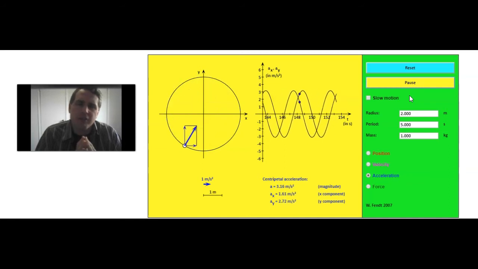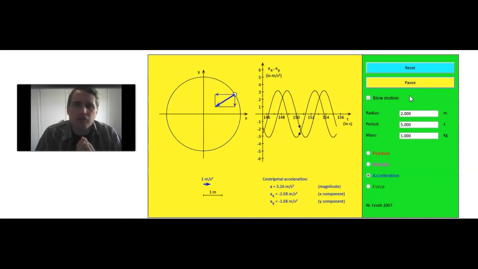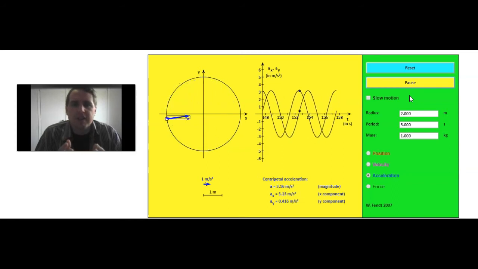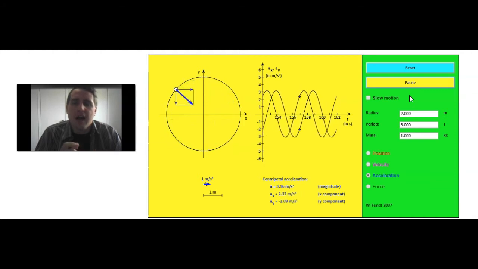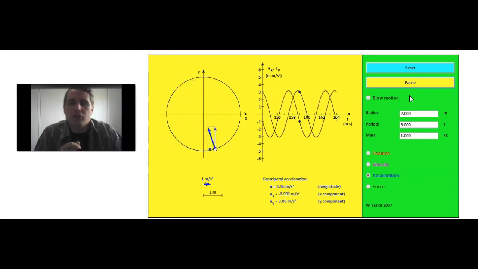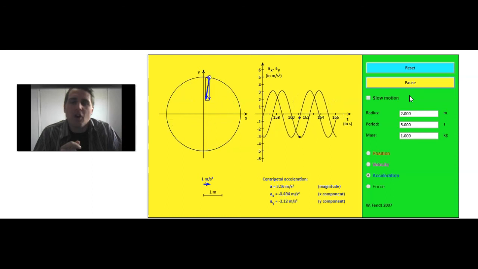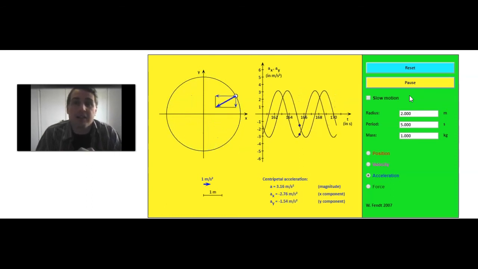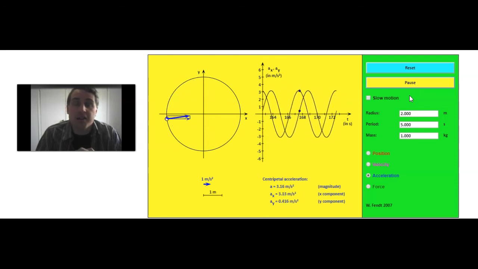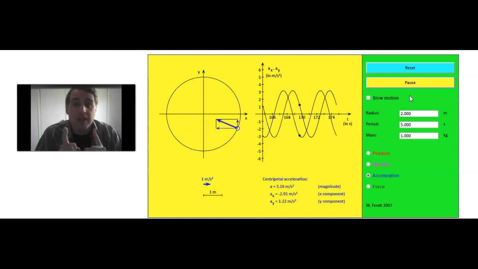Think about the word centripetal. It sounds like center trip or center seeking. Centripetal acceleration causes the object to accelerate towards the center, and it's always accelerating towards the center of the circle because the object is constantly turning. It's constantly changing direction only, not speed.